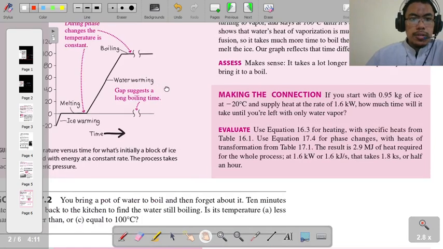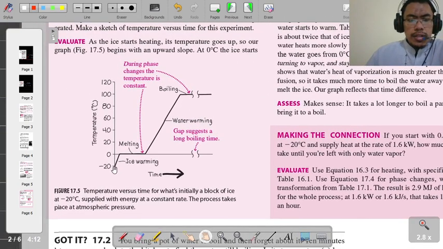So at initial time, the ice block has minus 20 degree of Celsius for the temperature, and then we rise the temperature by putting heat into the ice block. So the temperature of this ice block will raise from minus 20 to 0 degree of Celsius. So the line is rising here.